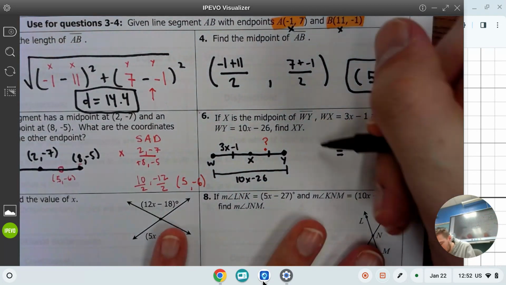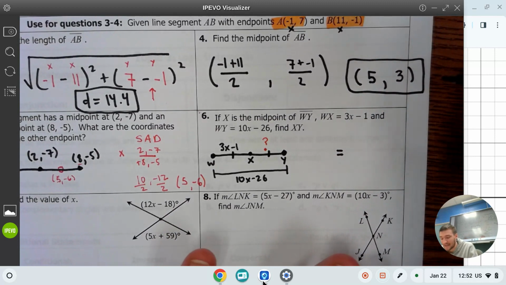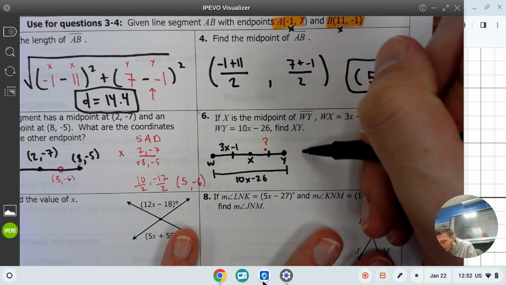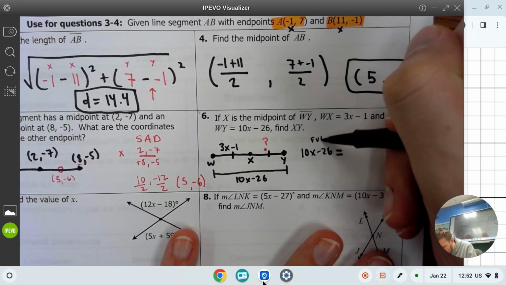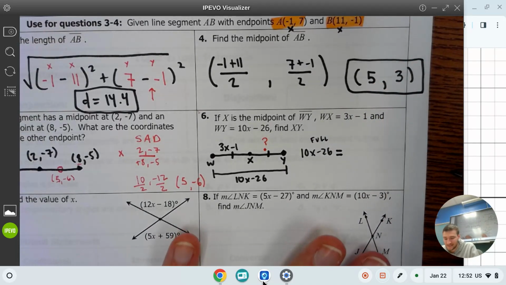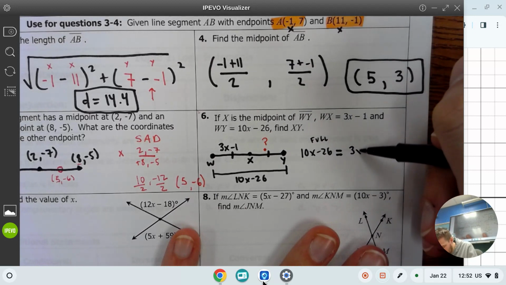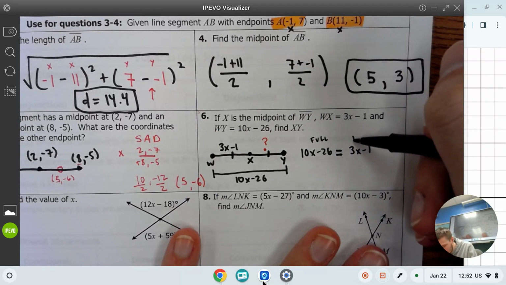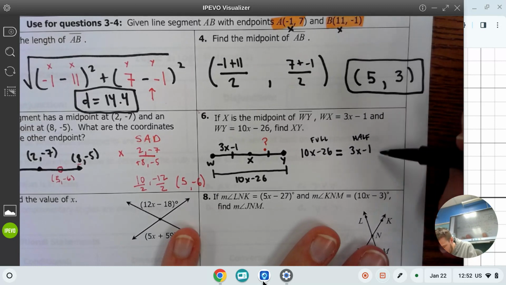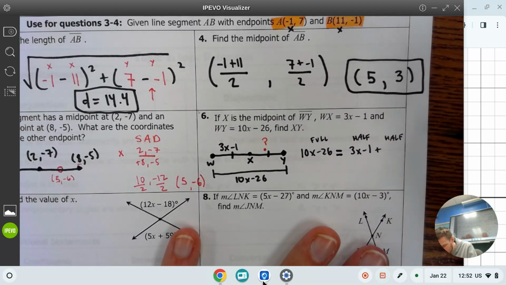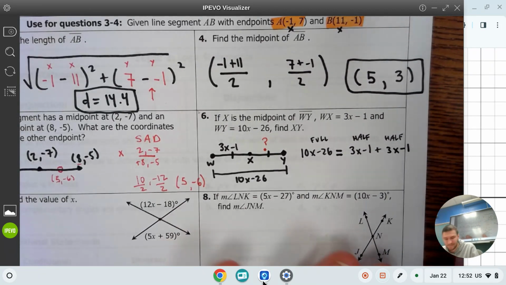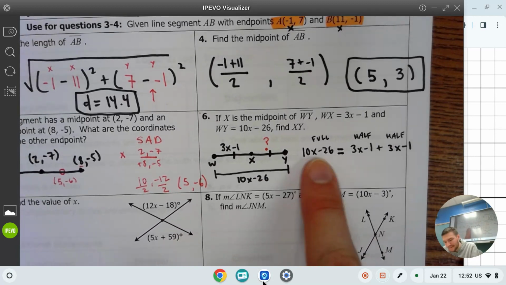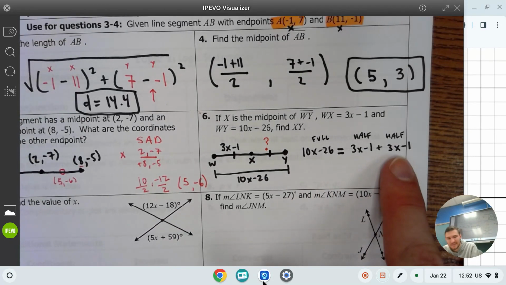So our equation is going to be, this was called the segment addition postulate, that 10x minus 26, that's the full piece, is equal to 3x minus 1, that's half of it, plus the other half, which is the same thing, because the two halves should be equal. 3x minus 1. So we've got the full piece is equal to half of it plus half of it.